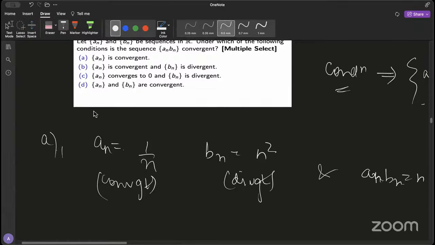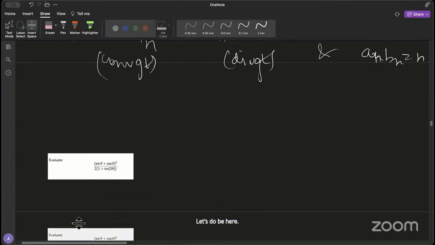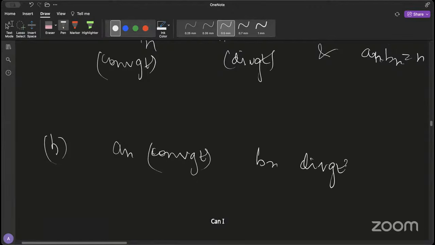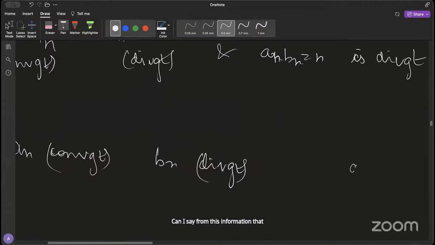let's do B here. So if An is convergent, and Bn is divergent, can I say from this information that An Bn is going to be divergent?